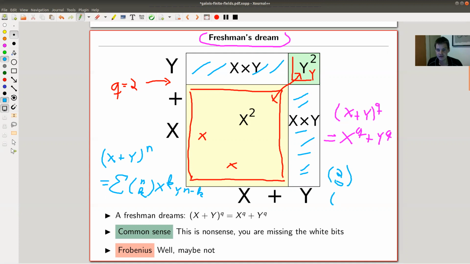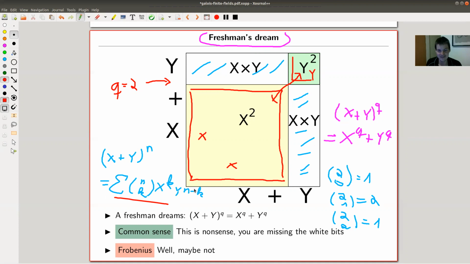Then you have 2 over 1, which is 2. That's the one you would drop in freshman's dream. And then 2 over 2 is, again, the one you would pick. So in freshman's dream, you would only pick the two extremal expressions in the binomial formula. Even if you don't know the binomial formula, this just can't be true. It is just too simple. If that were true, life would be so much easier or harder, I'm not quite sure, but it's certainly not true.